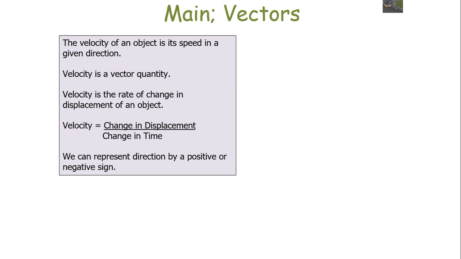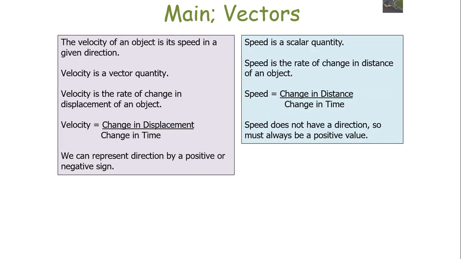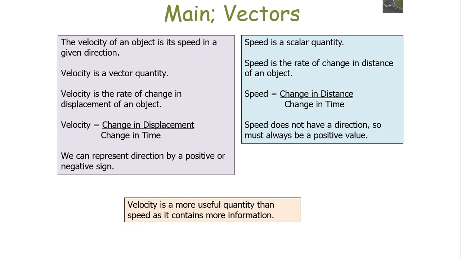And we can represent direction by either positive or a negative sign. Speed is a scalar quantity. It's the rate in change of distance of an object. Now we're using distance because distance is a scalar, allowing speed to be a scalar. So speed is equal to change in distance over change in time. Now speed does not have a direction, so it can only be a positive value and never a negative one.